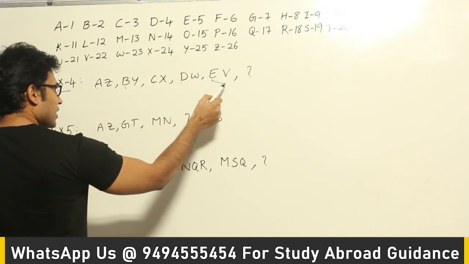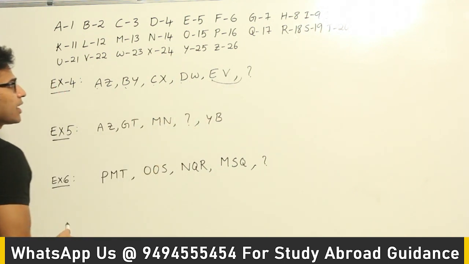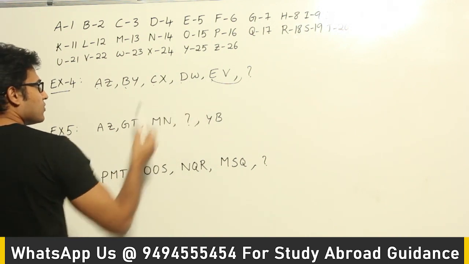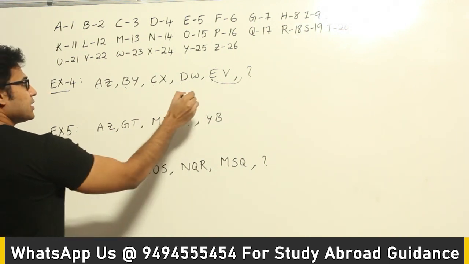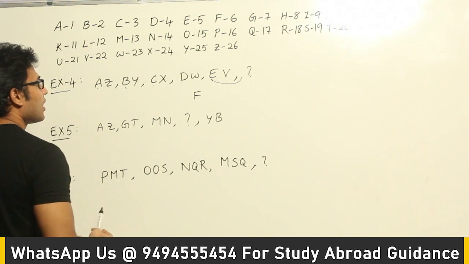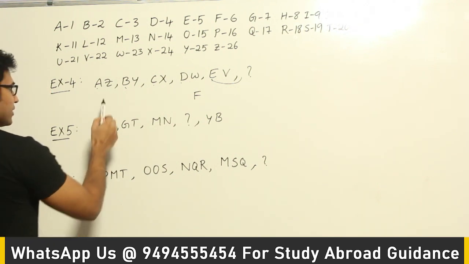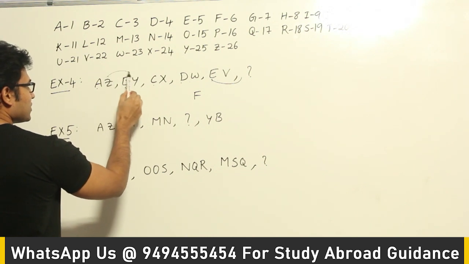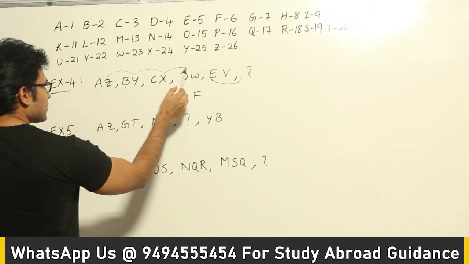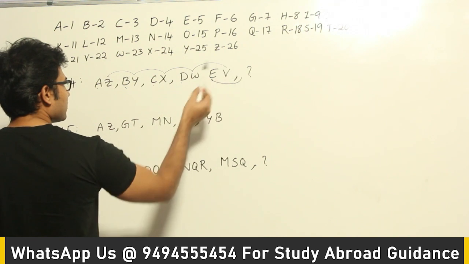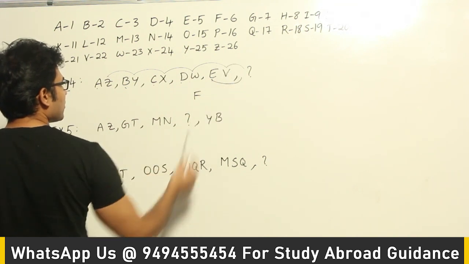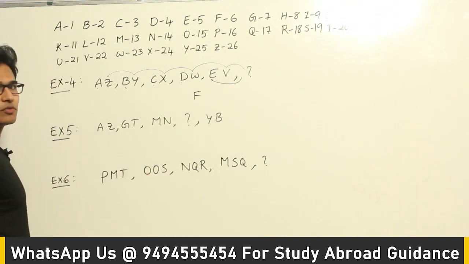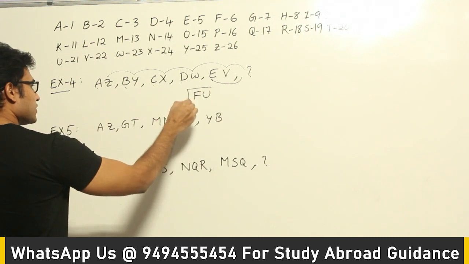Therefore the first letter in the next pair has to be incremented by 1 from E. Then what is it? F, right? And now if you see the second letter, it starts from Z. It is decrementing by 1, isn't it? Z to Y, Y to X, X to W, and then W to V. Now if I decrement it by 1, it is going to be U, right? Therefore FU is the answer.